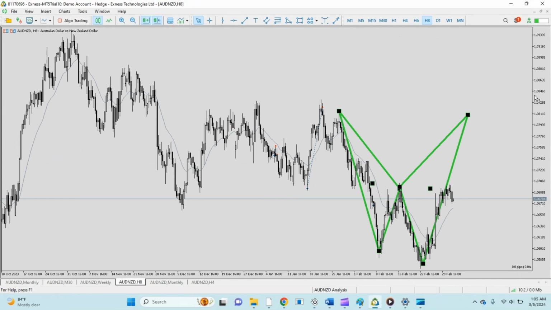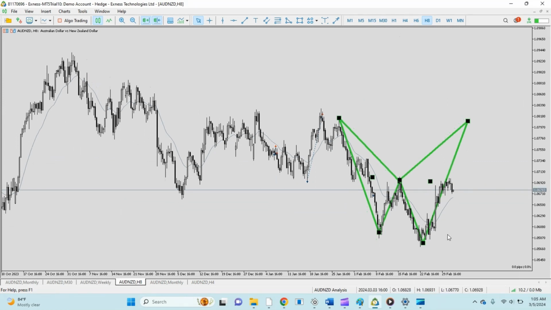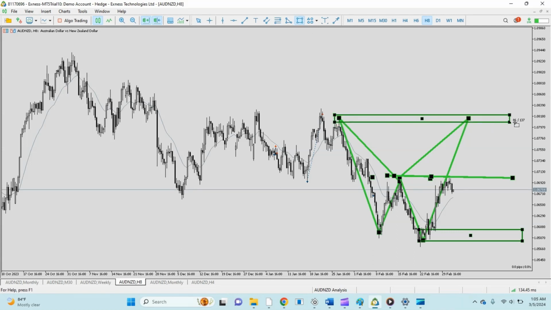So in this trade we ought to have entered here. If we had spotted it on time, we ought to have entered this area, with the first take profit being this area, then the second take profit being this area. So anything can happen. The market may just decide to break this area and continue the downward movement.